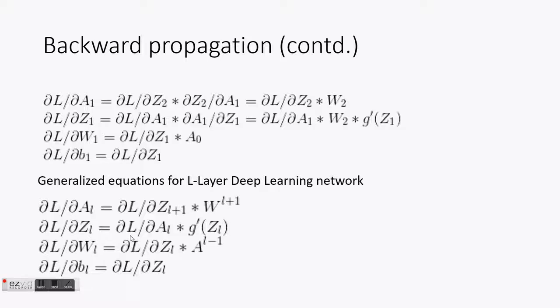Dou L by dou ZL is equal to dou L by dou AL into g prime of ZL. Lastly, dou L by dou WL is equal to dou L by dou ZL into A(L minus 1), and dou L by dou BL is equal to dou L by dou ZL.